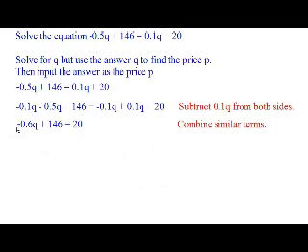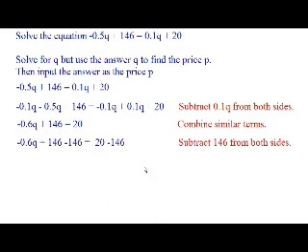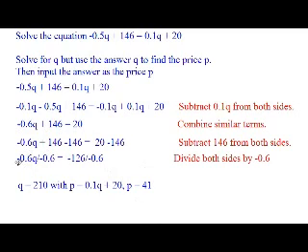That gives us negative 0.6q plus 146 equals 20 after we've combined some terms. Subtract 146 from both sides, and then from here we just divide by negative 0.6, and we get q equals 210, and that price, if we take the 210 and substitute for q, we have our price of $41, and that's the place at which we have market equilibrium.